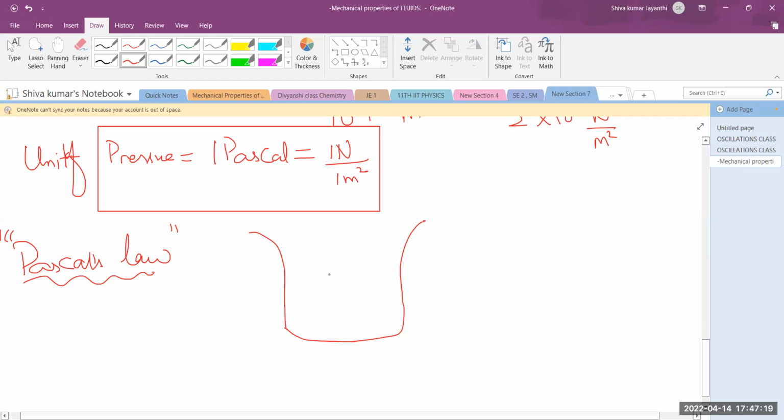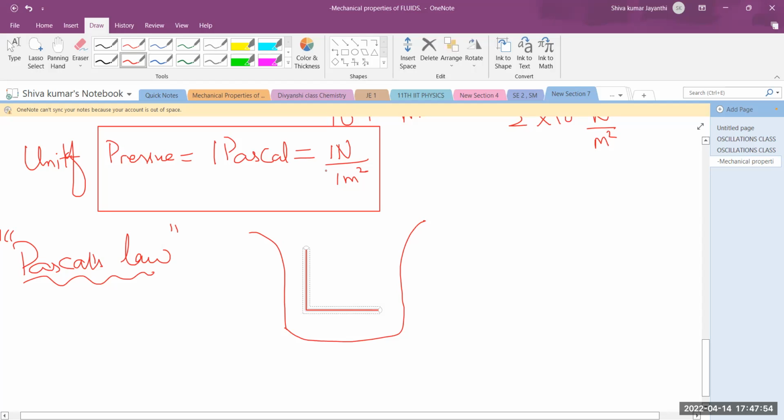You are diving into a swimming pool, at a little bit of depth, inside water. What would you feel? You would feel that the water is exerting some pressure on your body. You will feel your entire skin experiencing some type of push by this water. Everywhere you will feel the same pressure. You won't feel different pressures in different parts of your body. It doesn't happen like that. So that is Pascal's law.